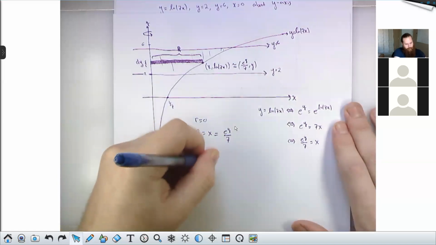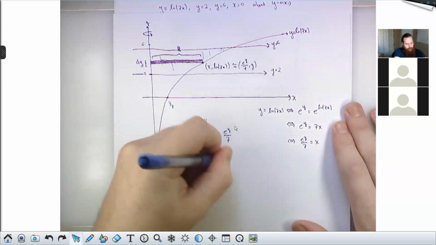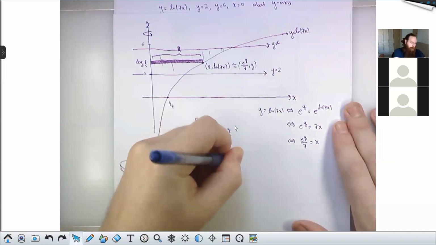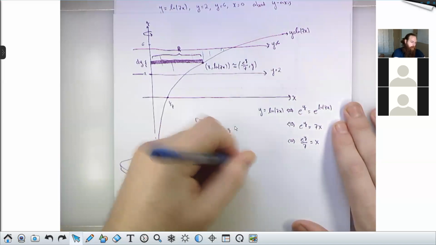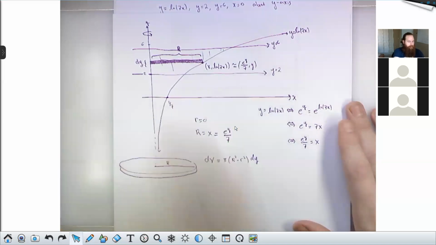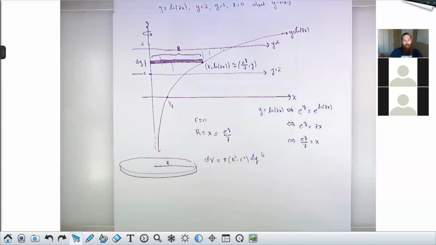And its volume is pi times big R squared minus little r squared times dy. And again, that's why in the formula I gave you, I put a dt here, because sometimes it'll be dy, sometimes it'll be dx.